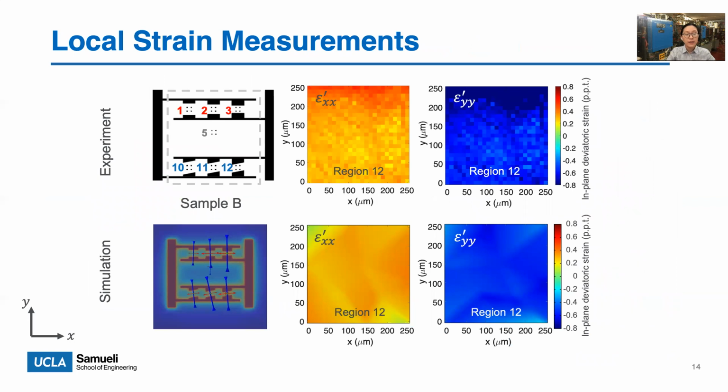So here is a sample result from one of the regions in sample B. And here we see that along the x direction, we are getting a positive tensile strain, and along the y direction, we are getting a negative compressive strain.